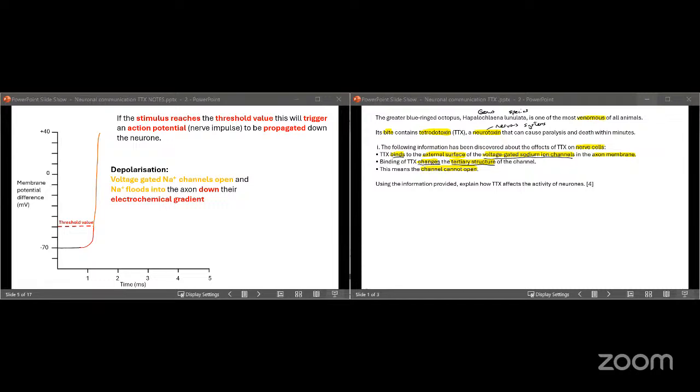If we're changing the tertiary structure, that is going to, as it already told you, stop the channel from opening.